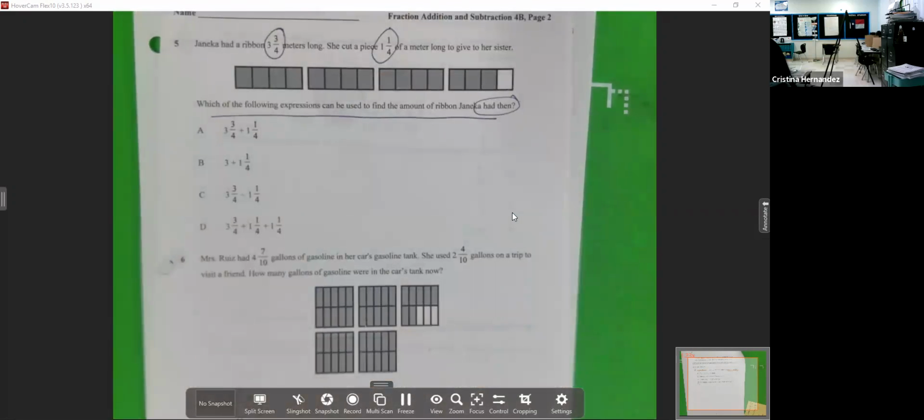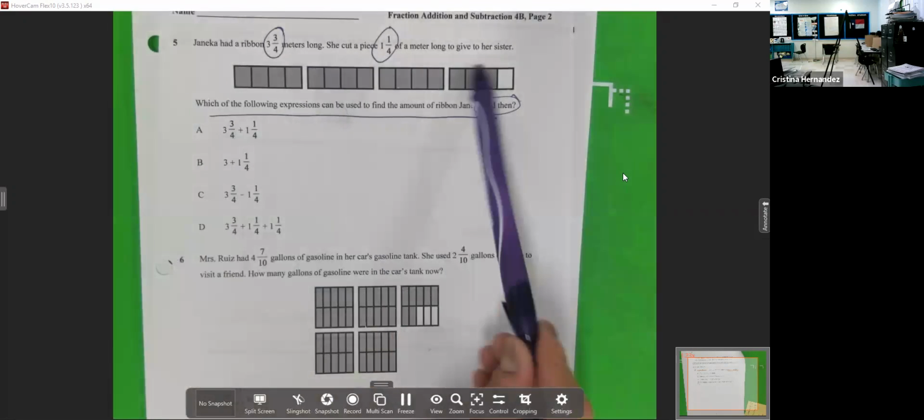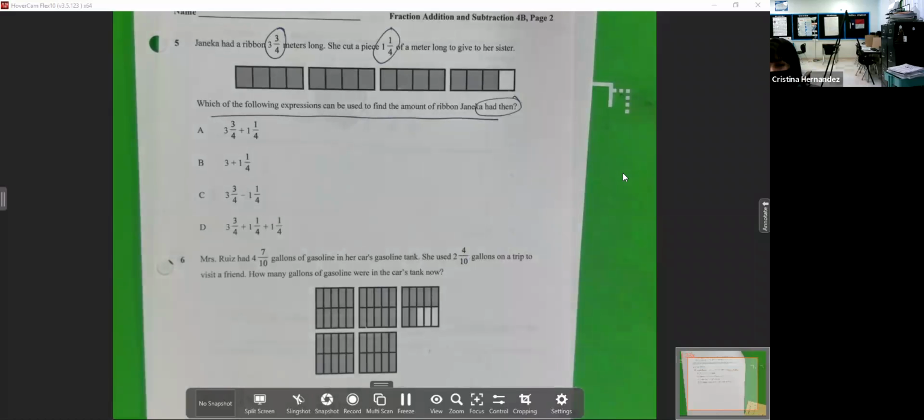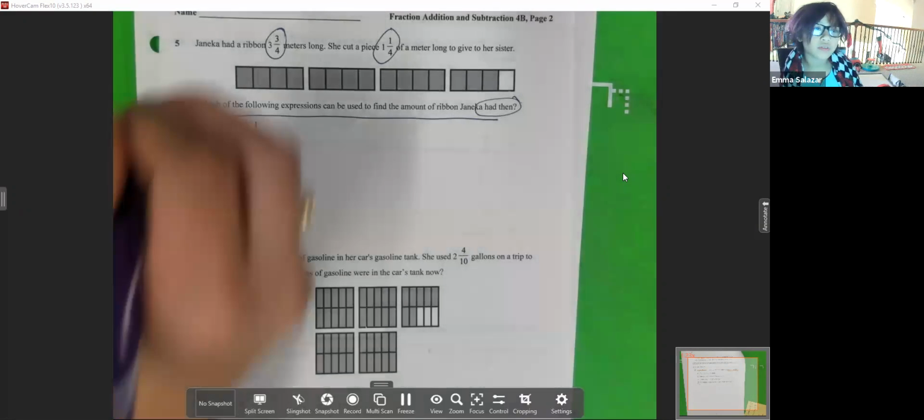Are we going to be adding, subtracting, multiplying, dividing? She has 3 3/4, and then she gave a piece to her sister. We are subtracting, because she gave it to her sister.